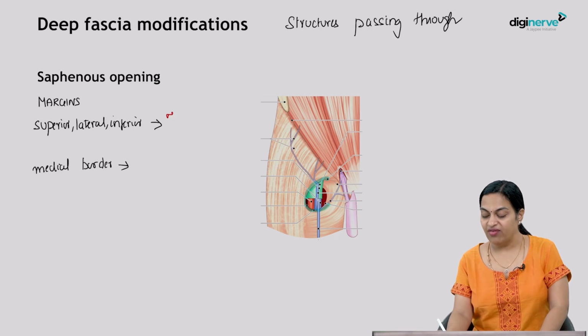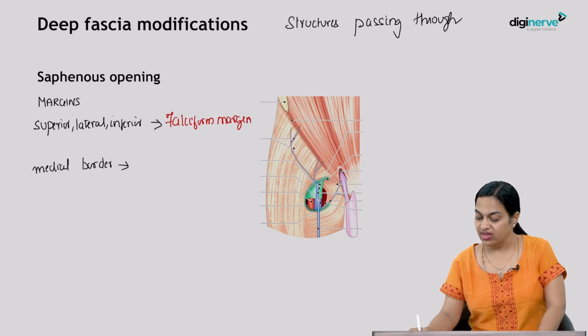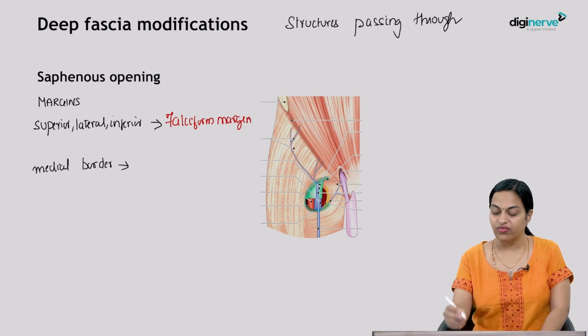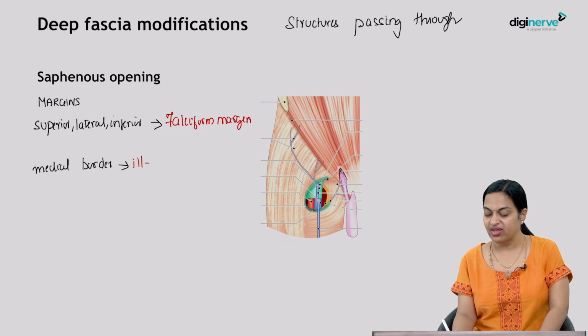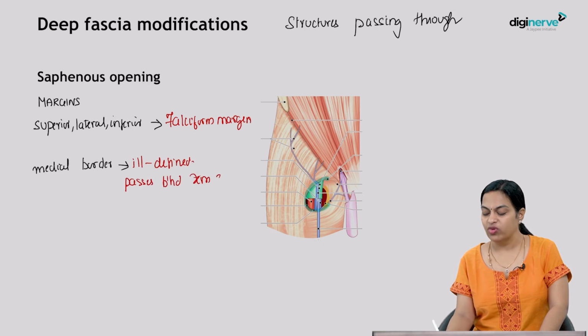It's called the falciform margin. Whereas the medial border is ill-defined, and this ill-defined margin passes behind the femoral vessels or behind the femoral sheath.